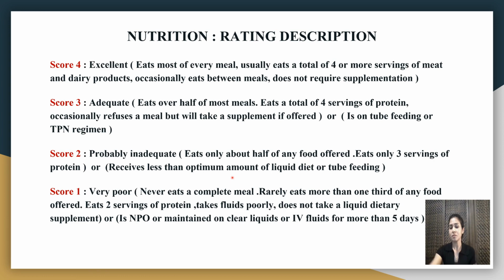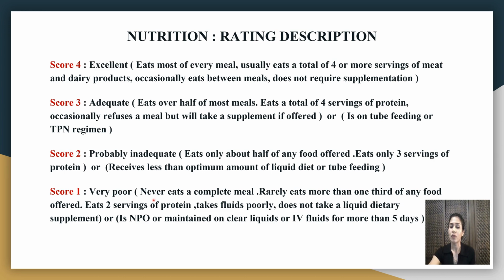That means if the dietitian or the doctor advised to give 6 tube feedings per day, and due to some reasons, it might be refusal from the patient or due to some clinical conditions, we cannot give all the 6 meals and we feel like we are giving less than the optimum amount, then you can give a score of 2.